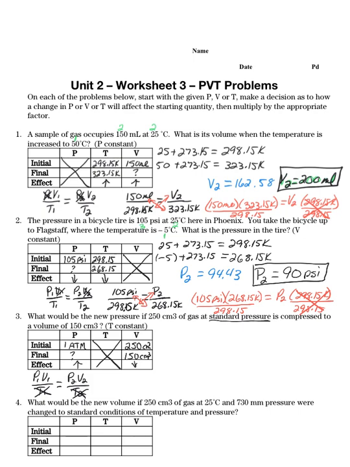Okay, let's substitute them in. So, my pressure at the start is 1 atm. My volume is 250 centimeters cubed equals my pressure 2 times my volume 2.